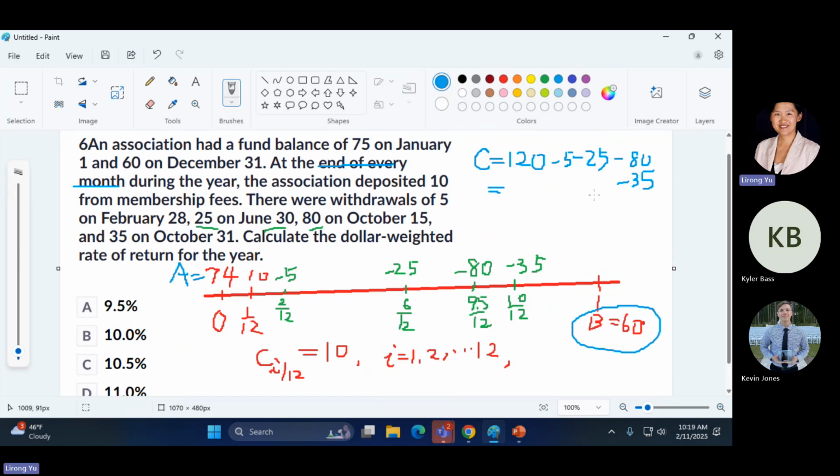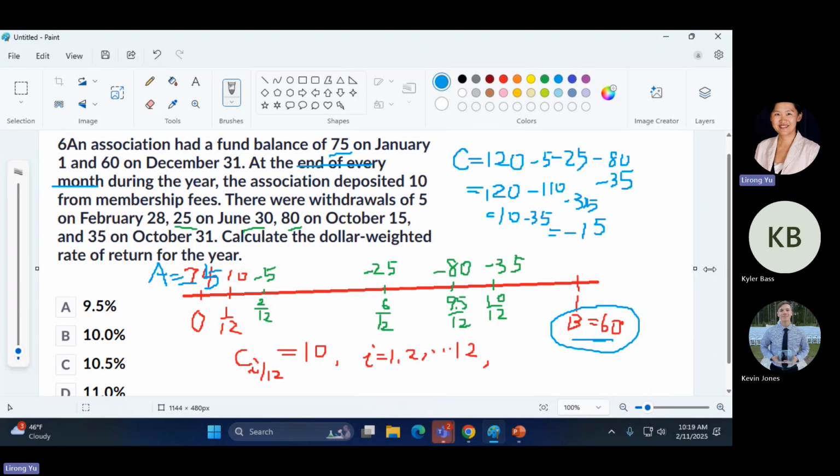It would be 120 minus 5 minus 25 minus 80, and then minus 35. So C actually is negative. That explains why the final balance is lower than the original. It was 75, is it? I wrote 74 for no reason. So this is -15 for C.